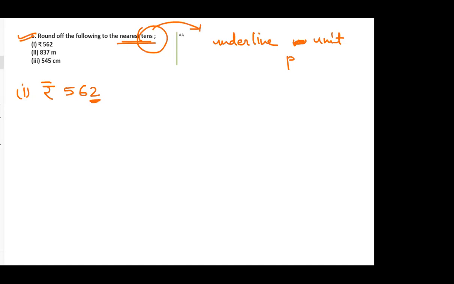Okay, so the unit place number is 2. Fine. So make this 20. Since 2 is less than 5, we will not add anything in 6. So 6 as it is and 5 as it is. And the sign of rupees, don't forget to write the sign of rupees. So your answer is rupees 560.